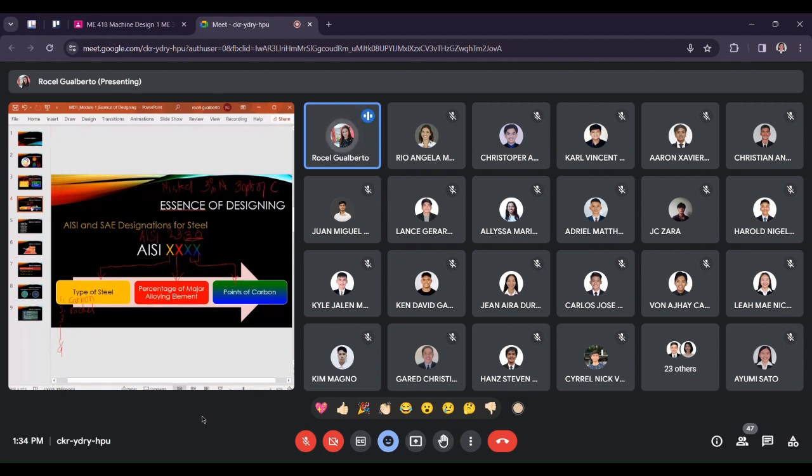If you wish to convert that into percentage, like the 3% nickel, this 30 points is equivalent to 0.30% carbon. Imagine how small that is; they are only traces. If you add them, it is only 3.3%, so the rest would be iron.